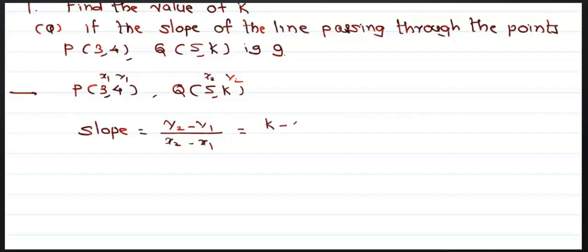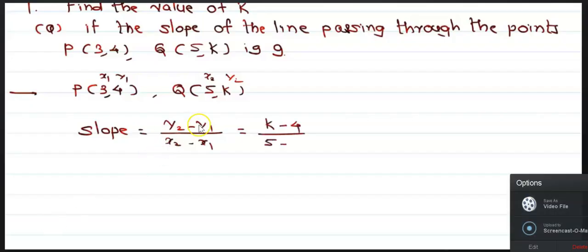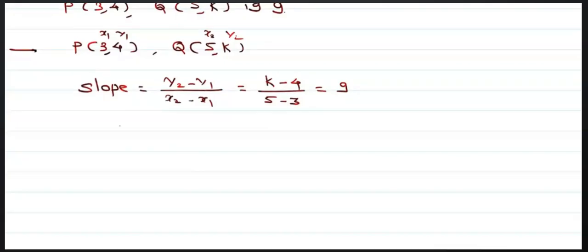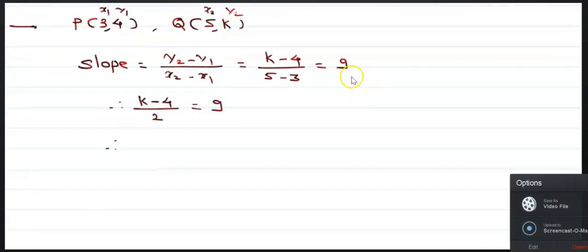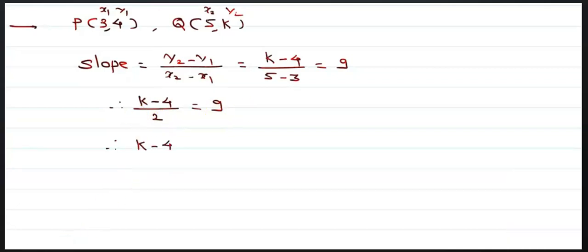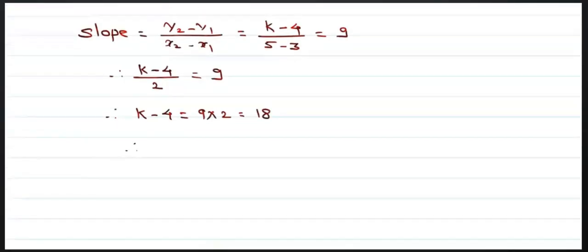That is, the slope means what? The difference of y coordinates upon the difference of x coordinates. That is y2 minus y1 upon x2 minus x1, k minus 4 upon 5 minus 3. Therefore, now the slope is 9. Therefore, simplify this. k minus 4 upon 2 is equal to 9.